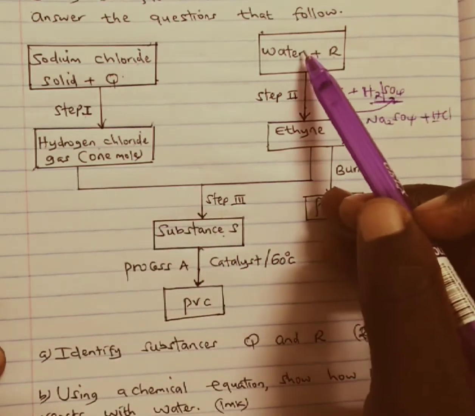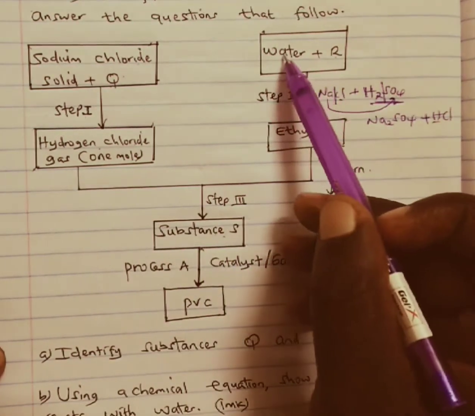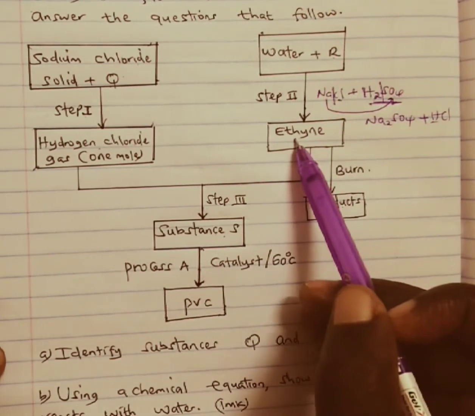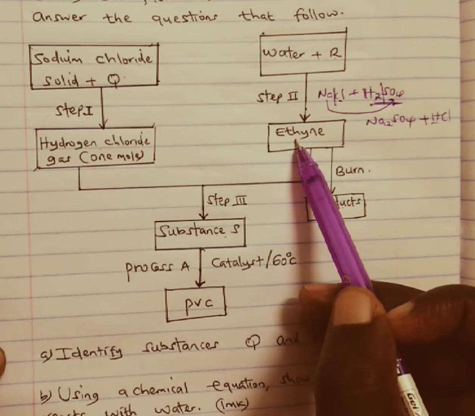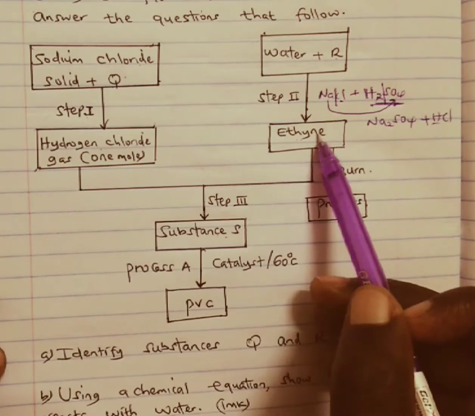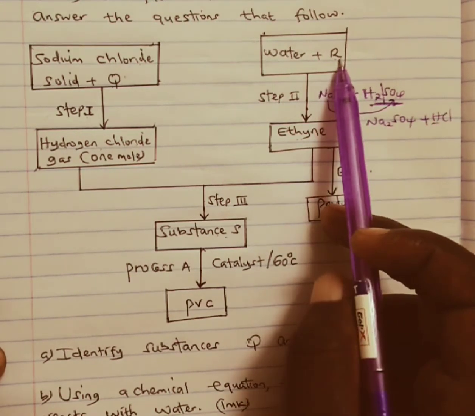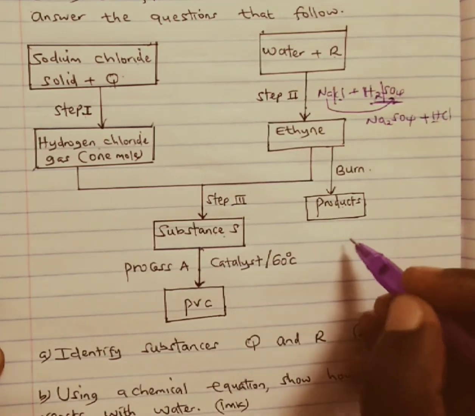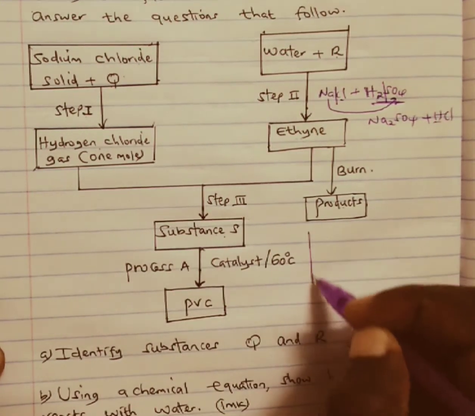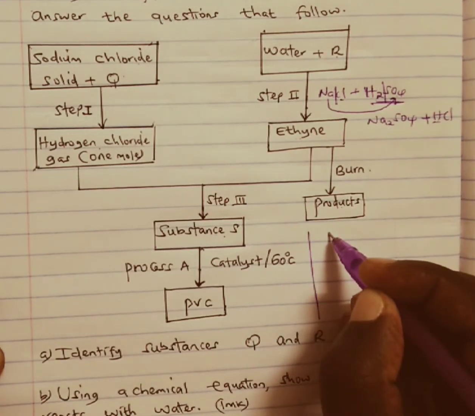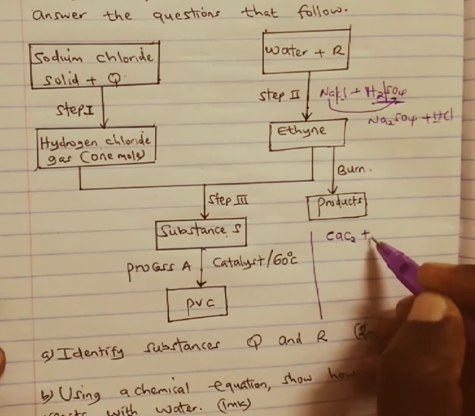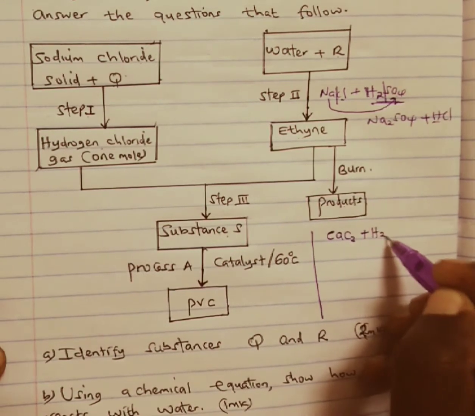So let us begin again from this other end. Water plus solid R to give us ethane. In the laboratory, to prepare ethane, we react calcium carbide with water to give us ethane gas. That is, we have calcium carbide plus water.